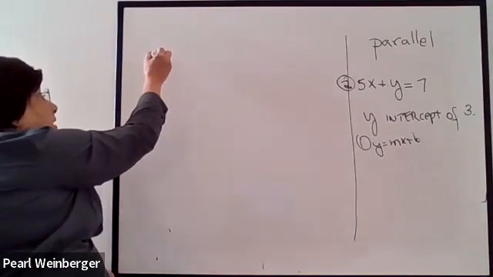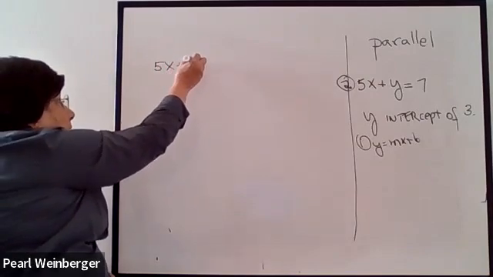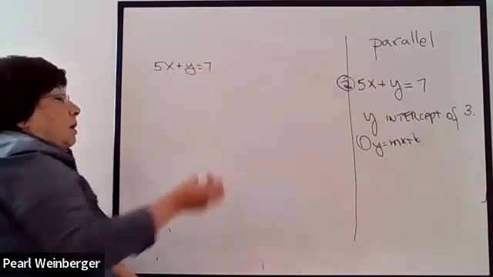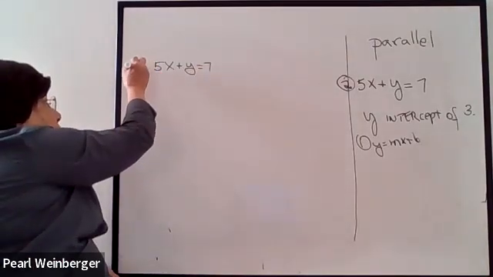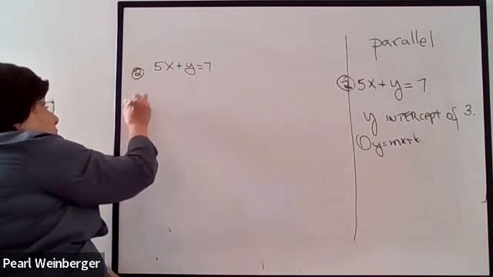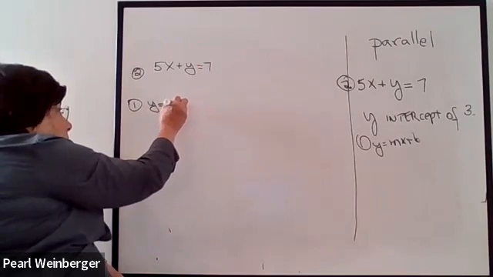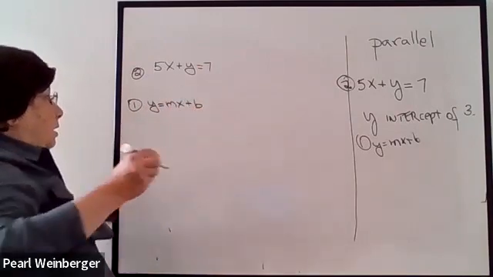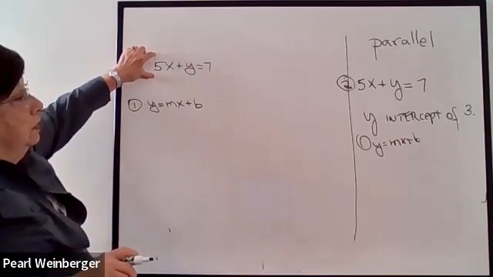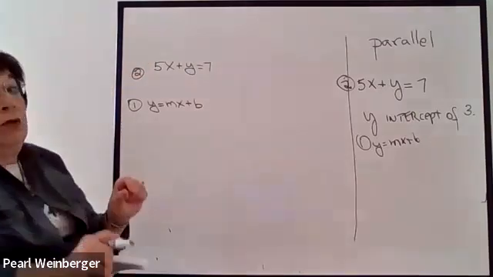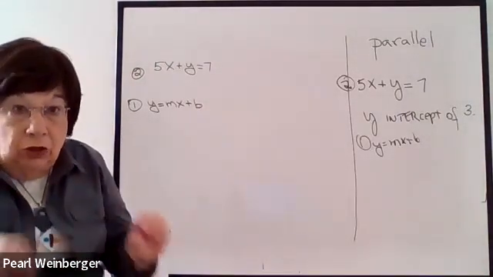Okay, so we're starting out with this line 5x plus y equals 7. This is our equation number 2. We want to write equation number 1, y equals mx plus b, an equation of a line that's going to be parallel to this line. So we know that we have to write an equation of a line with the same slope.